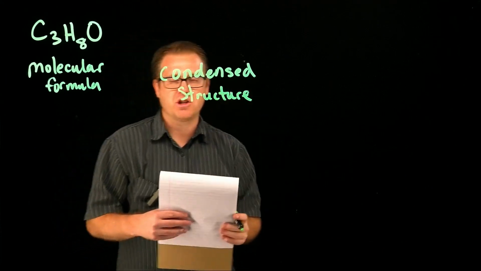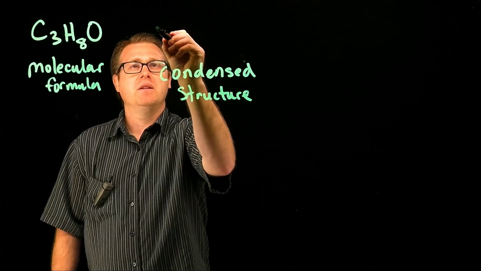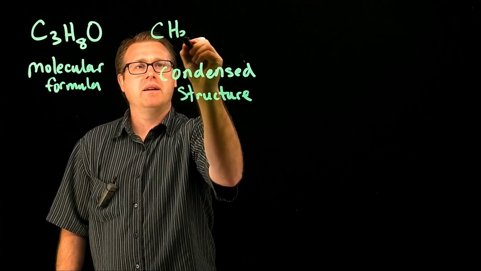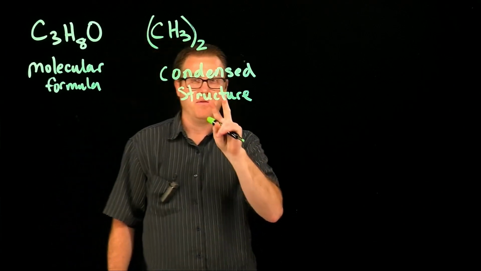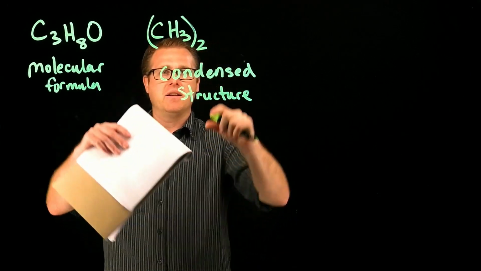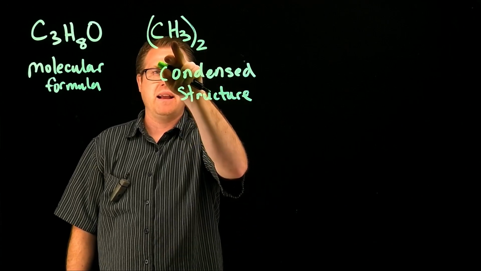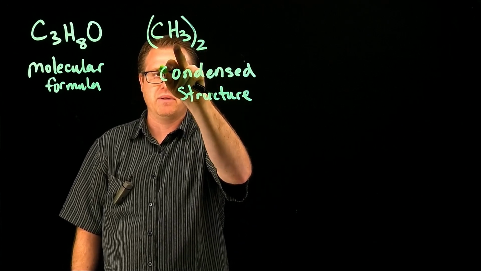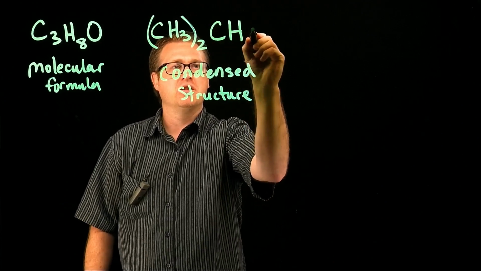it's going to start showing us the connectivity and what that molecule looks like. So we have a CH3, and we're going to have 2 of them. And so I'm putting it in parentheses and doing a subscript 2 just to tell me that I have 2 of these CH3s. And then we have a CHOH.